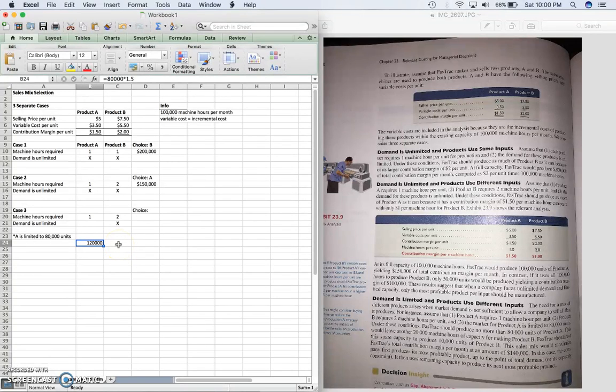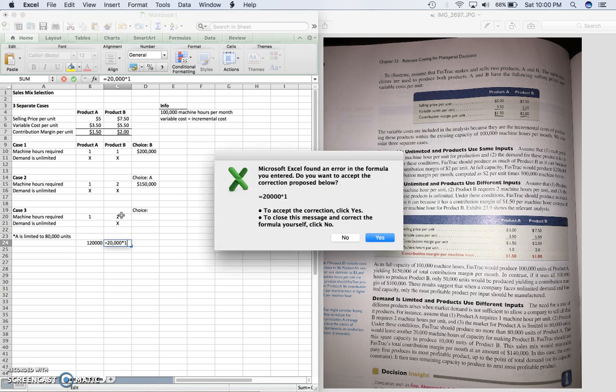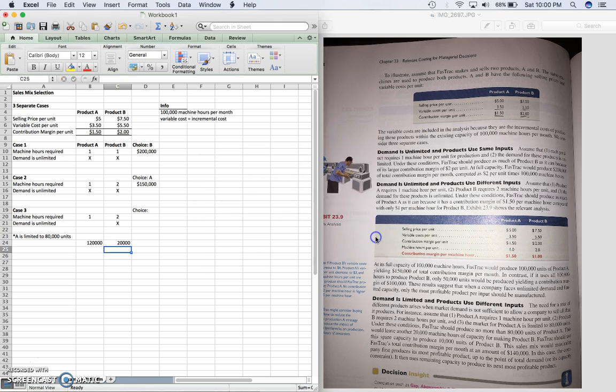Then we take the remaining 20,000 hours. It takes 2 hours for B, so the contribution margin is cut in half again, just like case 2, so it would be $1 times 20,000, which is $20,000.